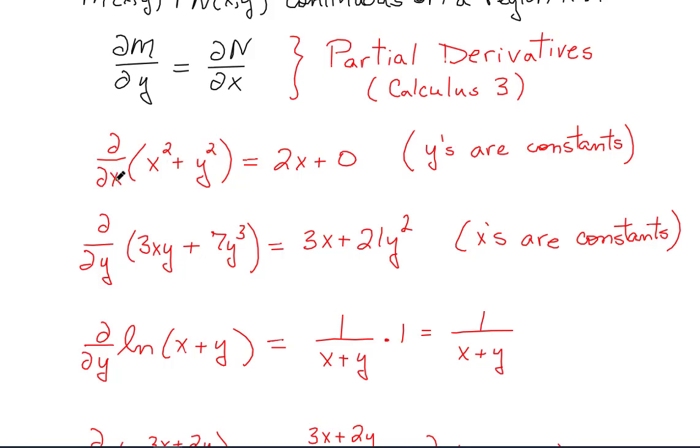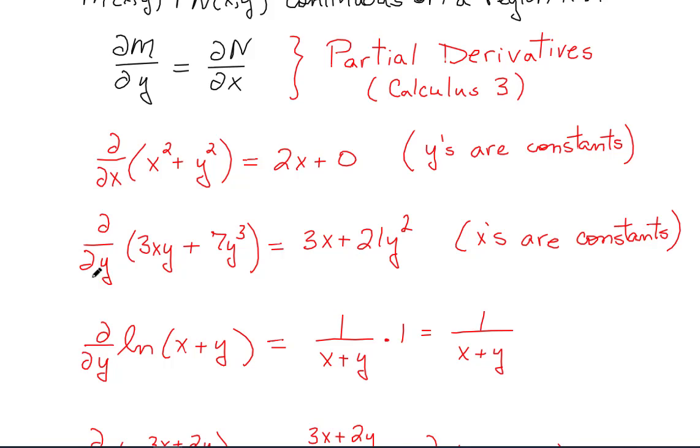When you take this derivative, you're assuming that x is the variable and all y's are thought of as constants. So the derivative of x squared is just like normal, 2x, but the derivative with respect to x of y squared, y is considered a constant, and so that derivative would be 0.